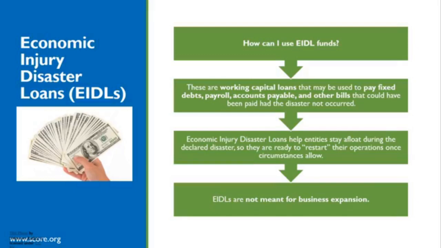If the application number is in the 300 series, you're good to go. They're going to process it as soon as they get to you. If it wasn't in the 300 series or you hadn't applied, you can still reapply. And you apply directly to the SBA.